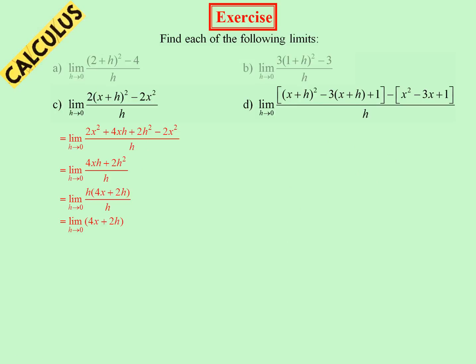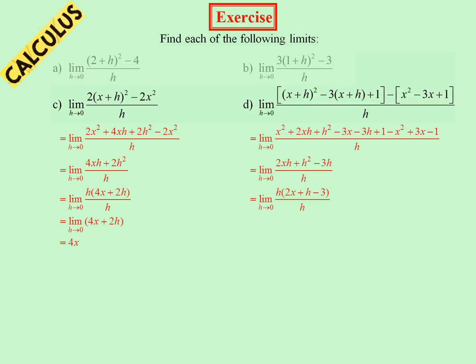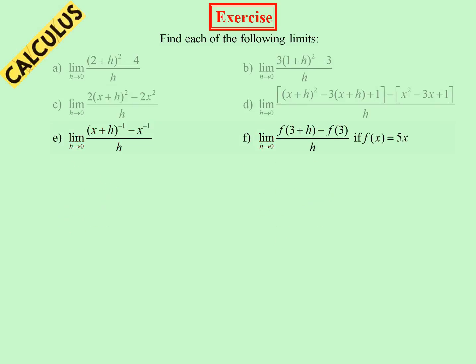Now we substitute, so the limit h tends to 0 goes. X plus h to the minus 1 means 1 over x plus h, x to the minus 1, 1 over x.